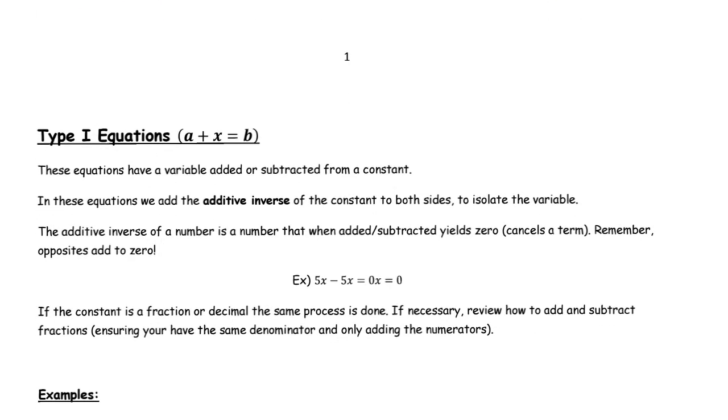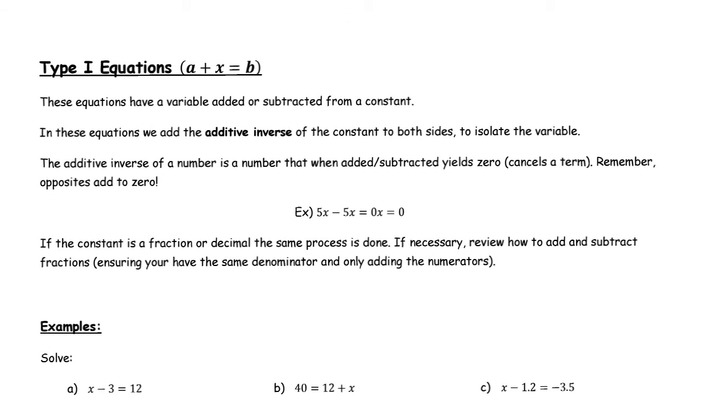Okay, so now that's just some information about equation solving in general. Now we're going to take a quick look at specifically what we're calling these type 1 equations. It's basically going to be equations of the form where you've got some number plus the variable. Okay, x here is going to be the variable. In fact, if it helps, you can think of it like this.